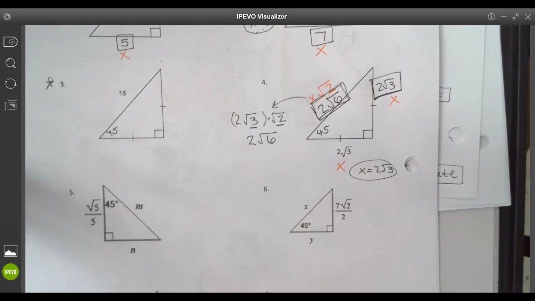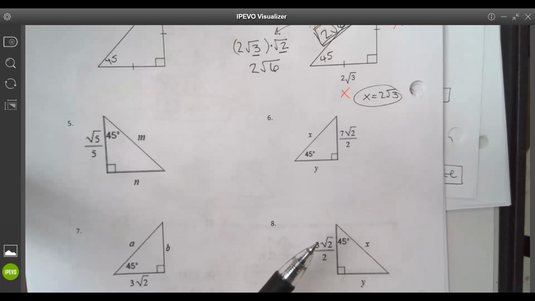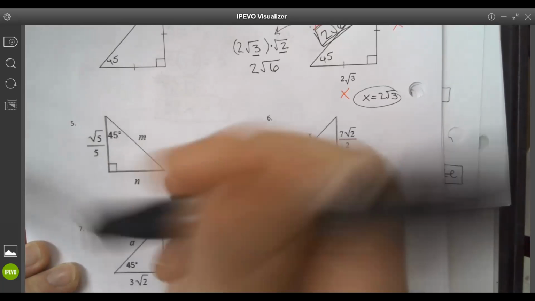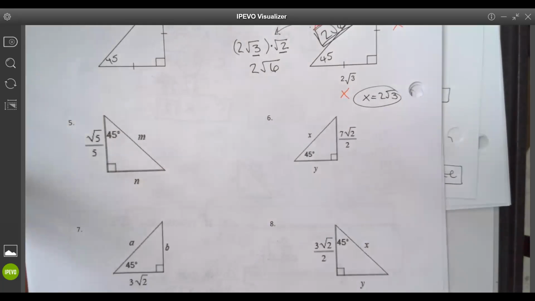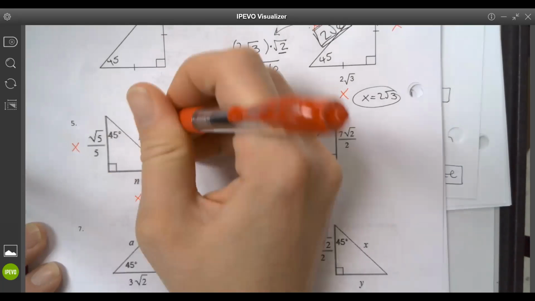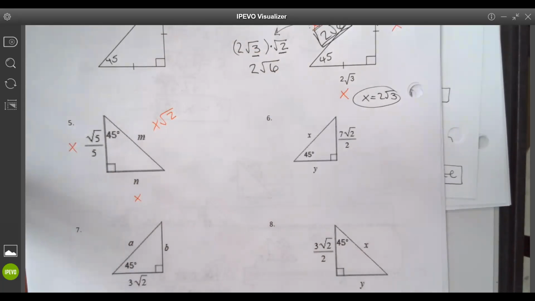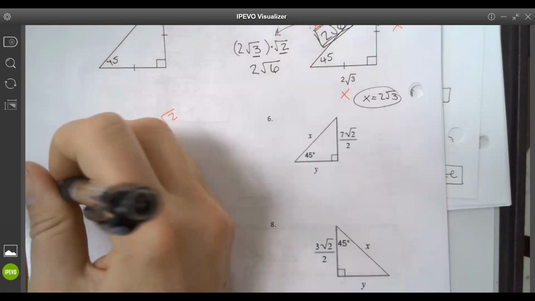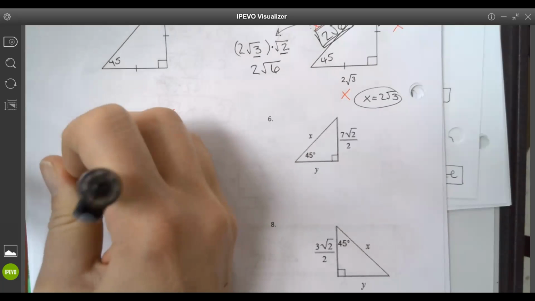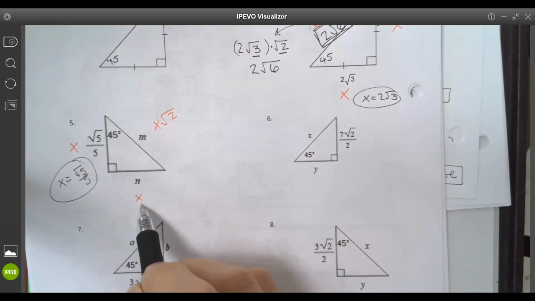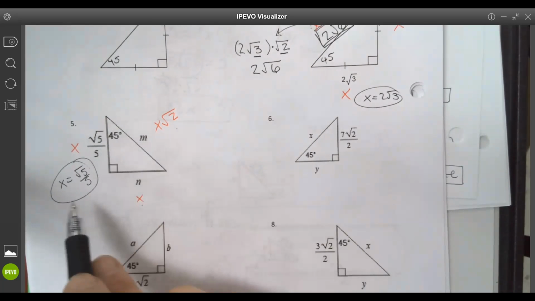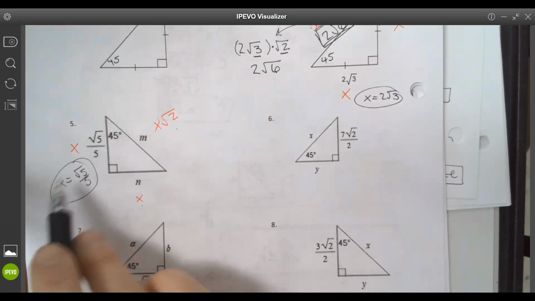Let's look at 5. Similar things are going to happen on 5. So if I label the outside, I have x rad 2, remembering that x rad 2 always is the hypotenuse length. So I know x is rad 5 over 5. I know that. And I'm just going to plug it in. This isn't like I'm solving. I'm just identifying that this is separate.